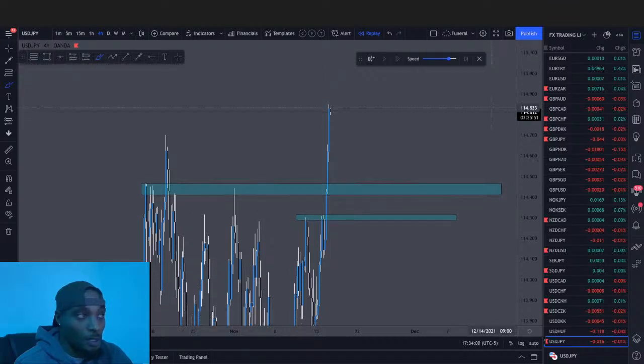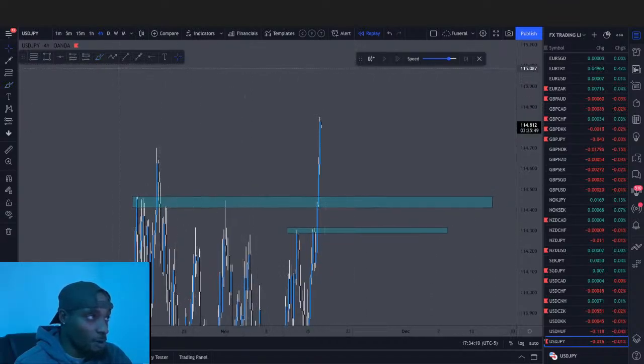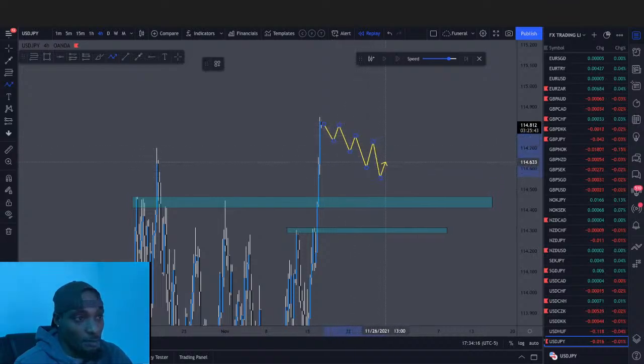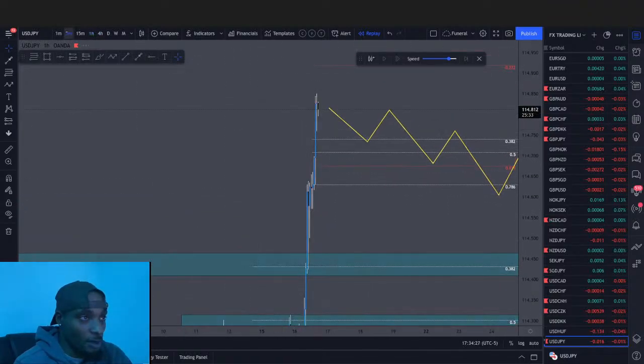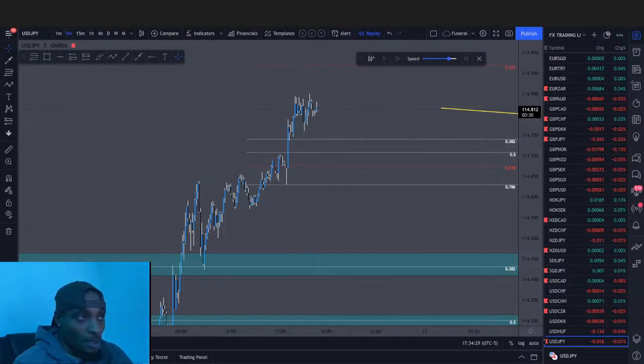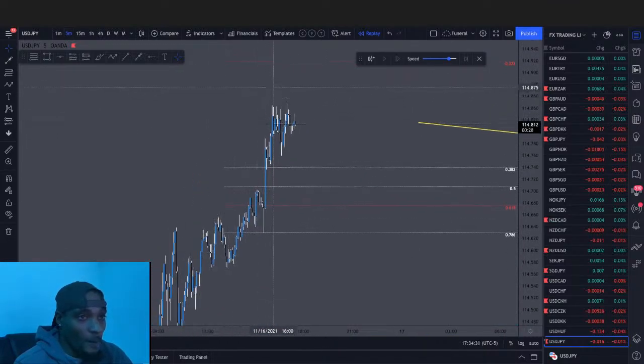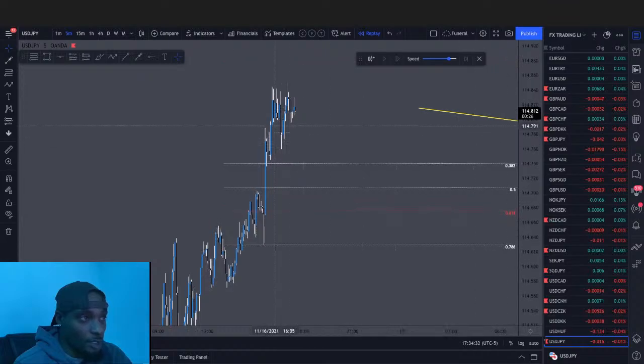So yeah, but I would like to see the market make a move back down to the downside. So if you can find some sort of sale setup, you know, there's really not any opportunities to sell. You don't want to sell all the way up here. You want to at least start to see some break of structure to the downside.